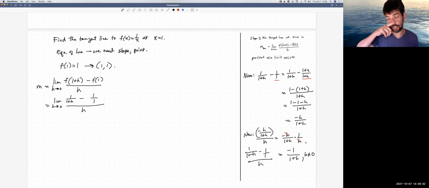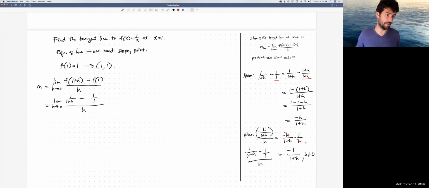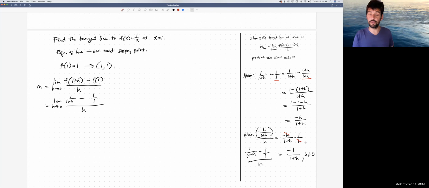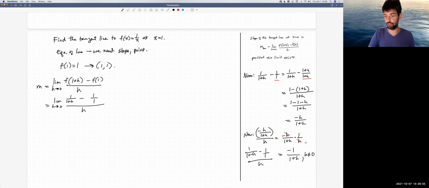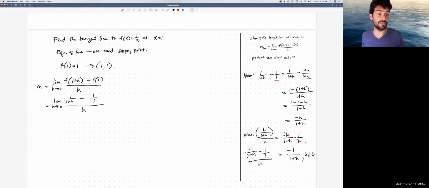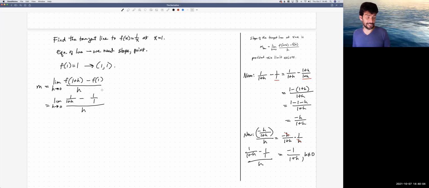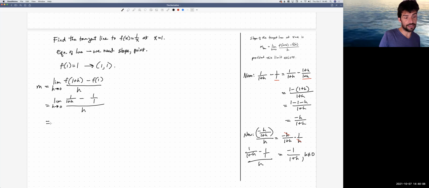When we cancel these h's, this is a perfectly reasonable thing to do for any real number, except for the number 0. When there's a 0 over 0, we can't cancel this way. And so we have to say, well, this is true as long as we outlaw the point 0. Luckily for us, limits don't care about 0. And so the limit as we go to 0 doesn't care about that point. And so we now have this function that is the same function, the same expression, except at 0.